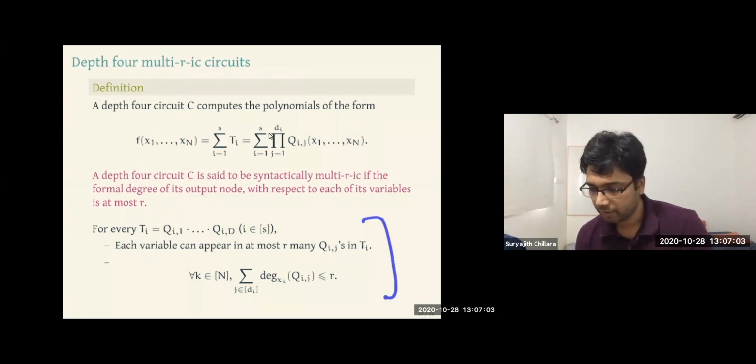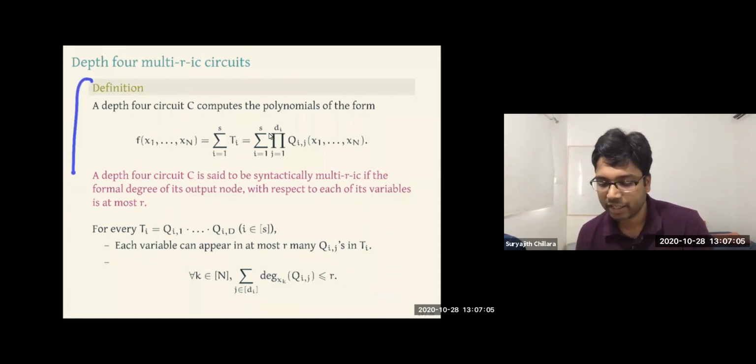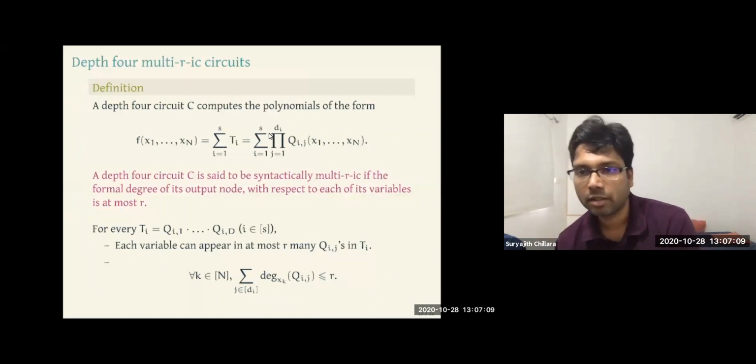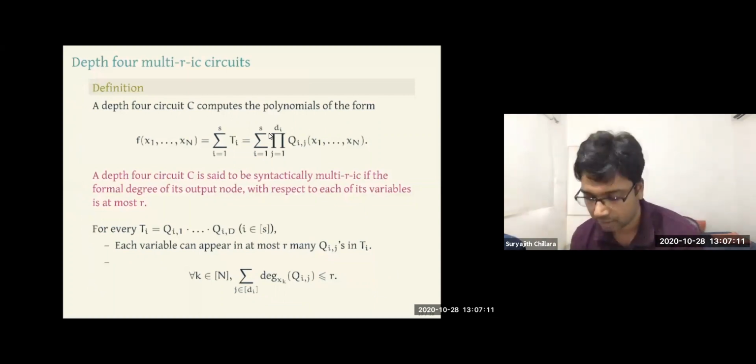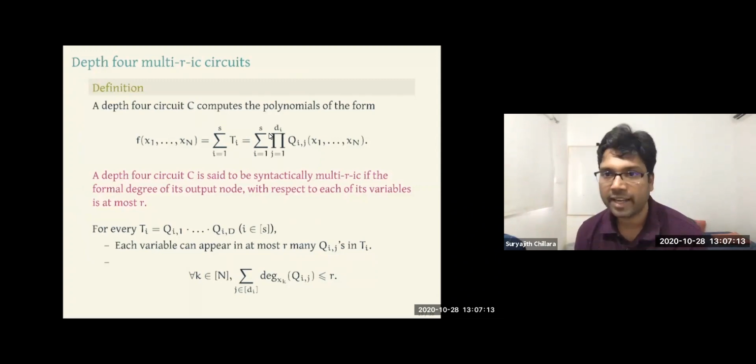I'm just simplifying what multi-arity for depth 4 is in terms of a very simple definition. If I say syntactic multilinearity, that means a variable appears only in one of the factors.